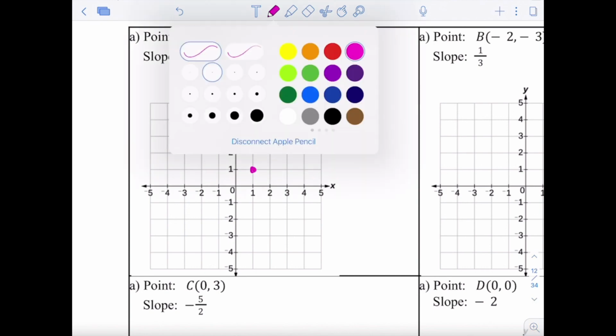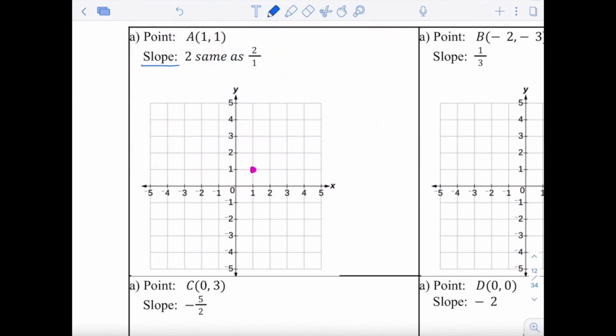And then what I want to do is use my slope to find a pattern in my x values. So if I have a slope of 2, which I can write as 2 over 1, I can see that I have a rise of 2 with a run of 1. So what that means is if I go across 1, I should be going up 2, and I can draw a point there. And now I can follow this pattern to do the rest of these lines.